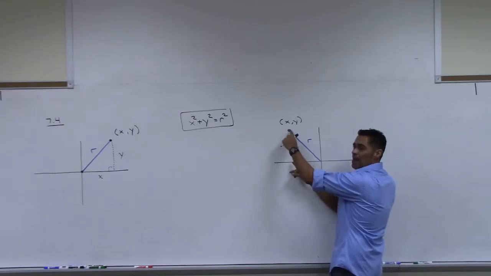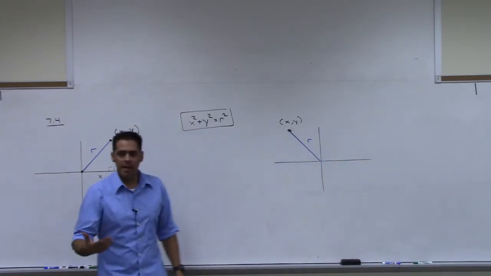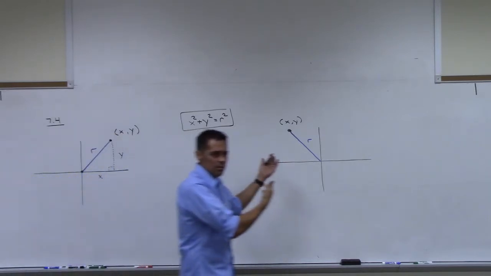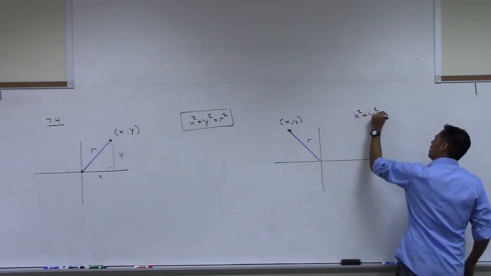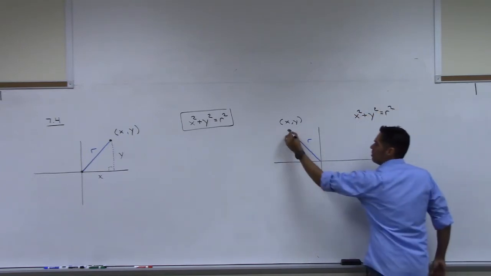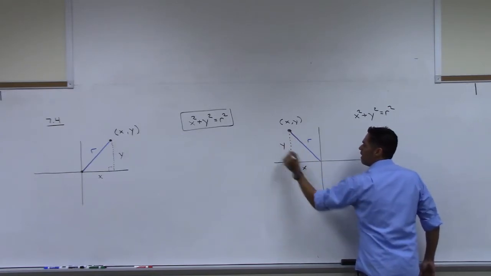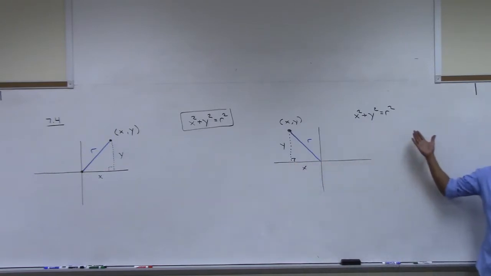And this is going to be a positive number, but does that matter in this formula? No. Why doesn't it matter? It's getting squared. Because you're going to square the x, right? So this relationship still holds, doesn't it? So we still have x squared plus y squared equals r squared. So you could still imagine this triangle x and y, and even though this is a negative number, it would not matter in this formula.